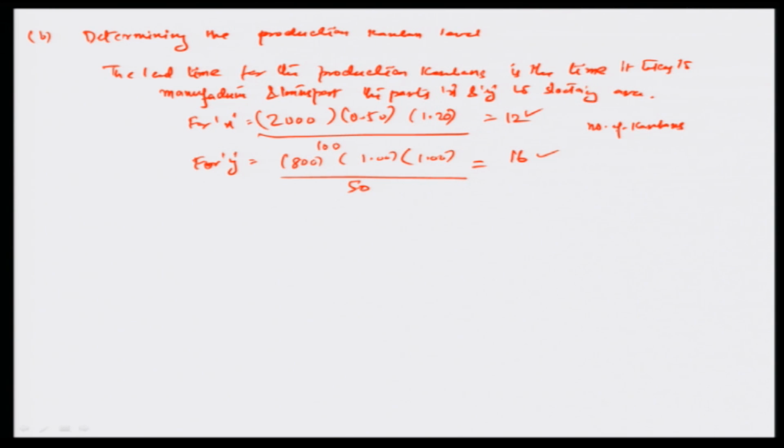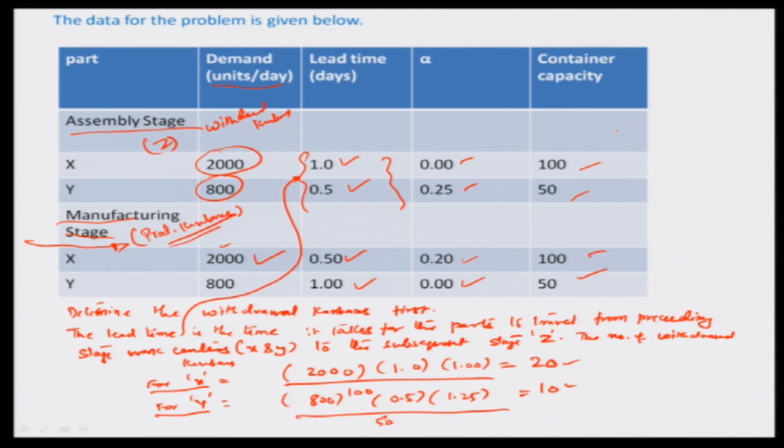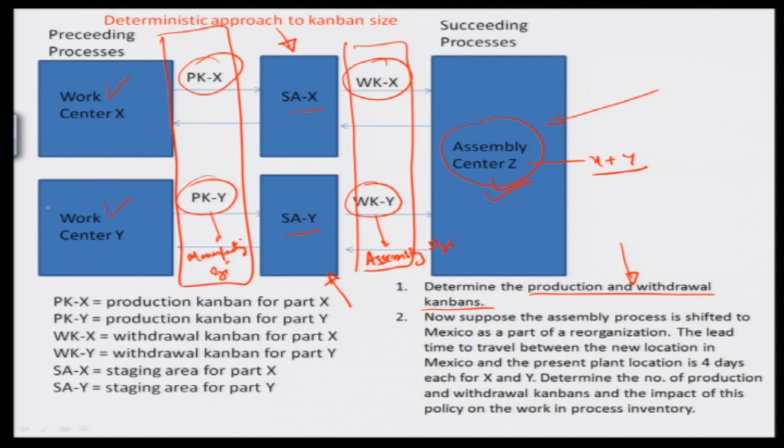So since the lead time is basically defined by this proximity of the assembly stage with respect to the manufacturing stage, the second part of the problem involves a little bit tricky situation, that there is a reorganization of the company, because of which the assembly stage has been shifted now to another place, and the new lead time to travel between the new location in the existing place and the present plant location is about 4 days.